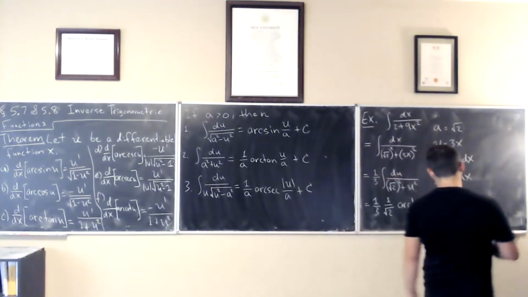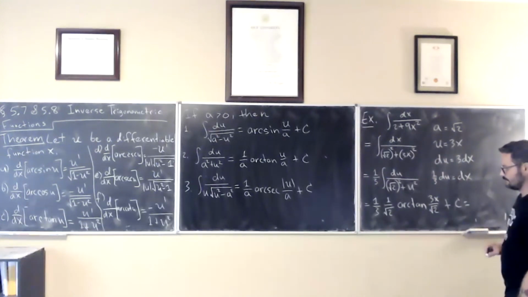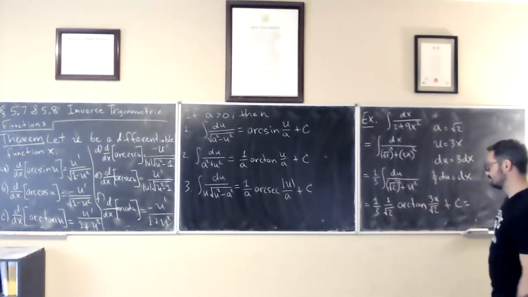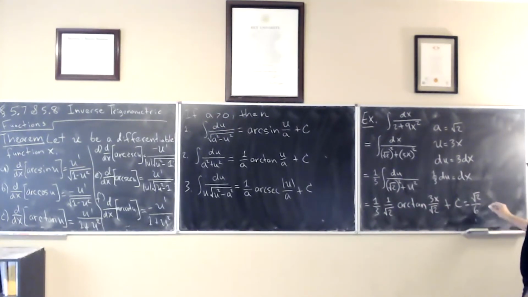But that's probably not what it looks like in the book. It honestly probably looks like you rationalize that and it would be √2 over 6 arctan of 3x √2 over 2.